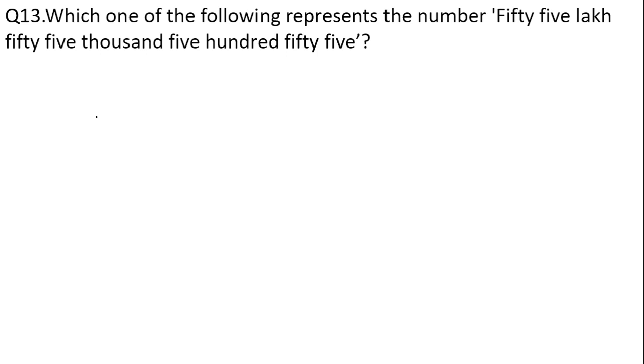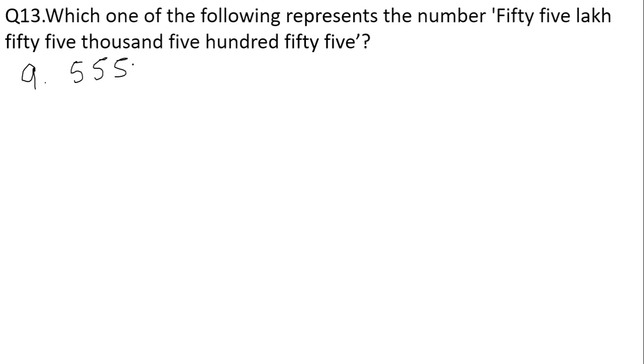Which of the following numbers represents 55,55,555? Now one thing that I have done wrong here is I have not mentioned the options. So please write down the options given in the question paper. Option number A was 1, 2, 3, 4, 5, 6, 7 times 5.